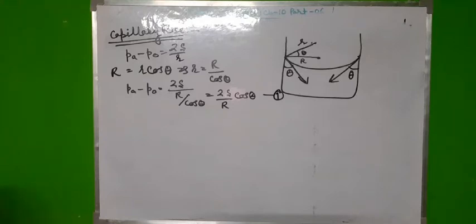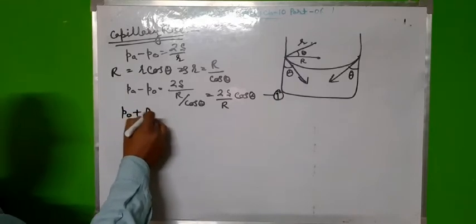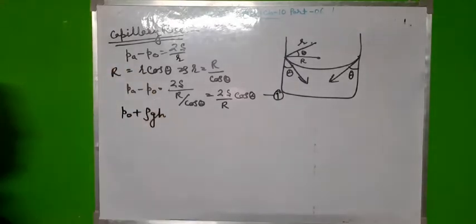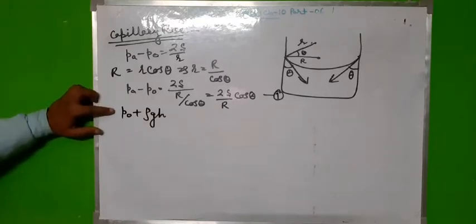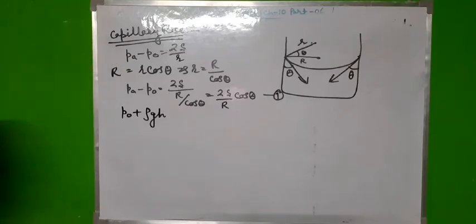Now P naught plus rho gh, where P naught is the atmospheric pressure.